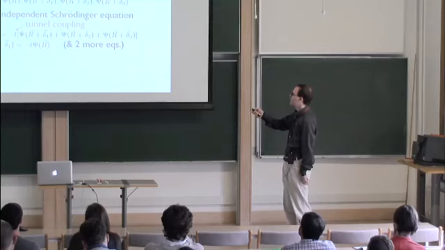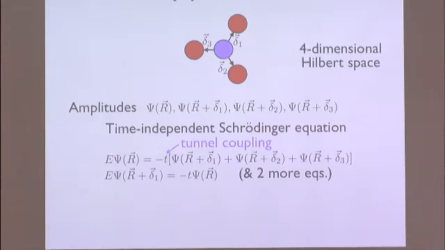So let's pick first the central lattice site. So E, the energy, times psi of r equals everything that I collect by acting with my Hamiltonian on the wave function. So the central lattice site has, so to speak, a particle coming in from all of the other three sites.